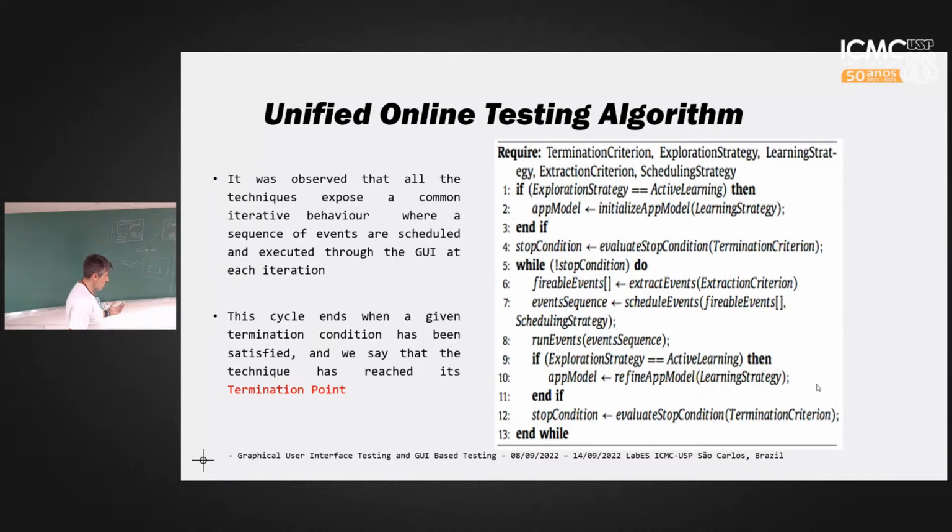How did we infer this model? We collected the papers, we collected the tools presented in these papers, and we analyzed both the papers and the source code in order to understand how the tools work.